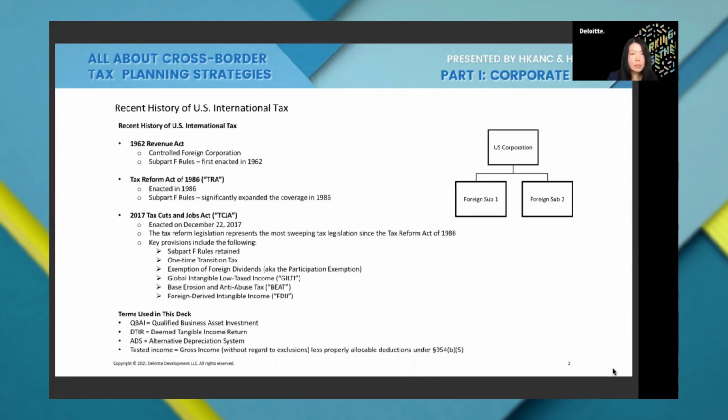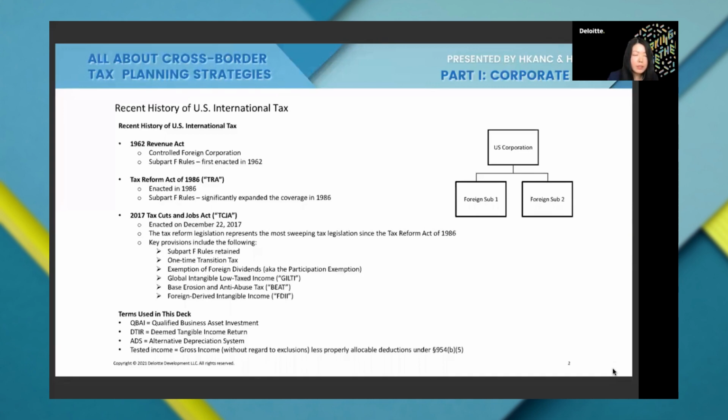Now, the next major tax reform is the 2017 Tax Cuts and Jobs Act, TCJA. This TCJA brought in a lot of key international provisions. The first one I would like to introduce is the one-time transition tax. Remember in my prior example, under the 1986 Act, earnings by foreign sub 2 are not currently taxed in the U.S. until there's an actual repatriation.